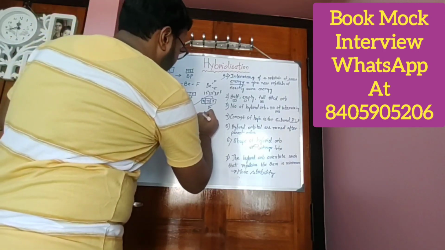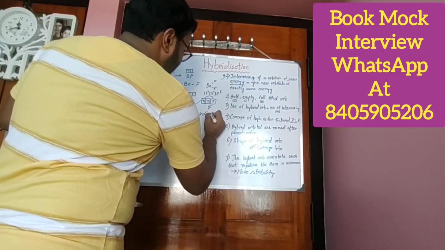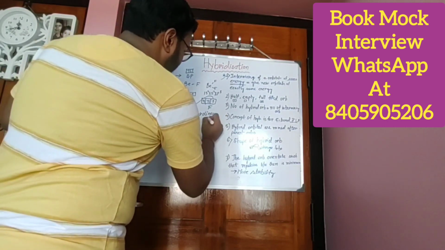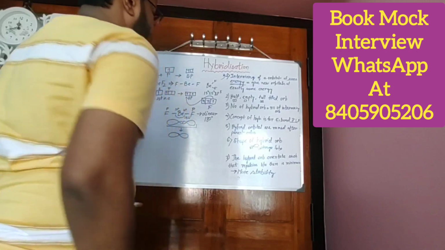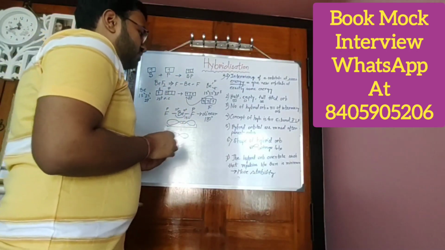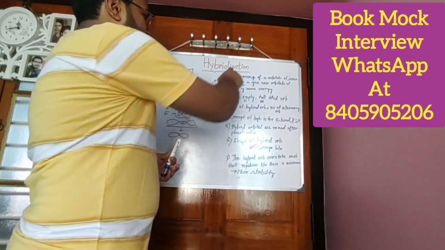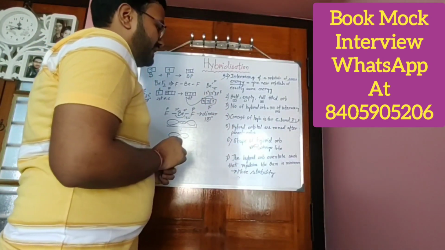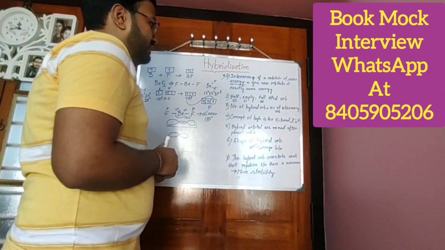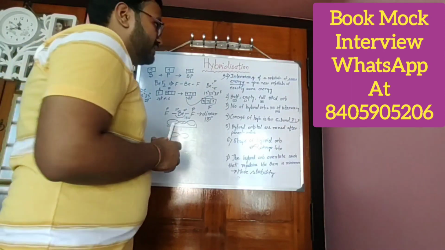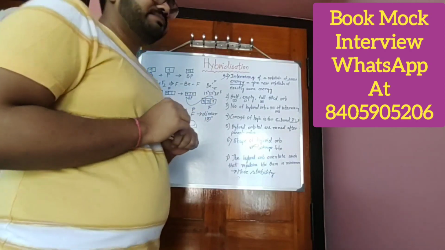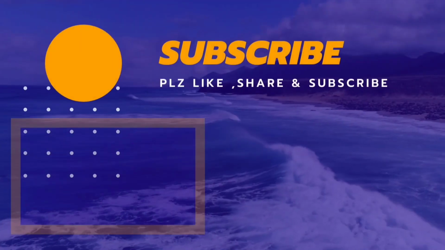So this compound will be called linear, and the angle between them will be 180 degrees. These are all the main points. Make sure you remember these points, so that they will help in further study of hybridization. Okay, thank you.